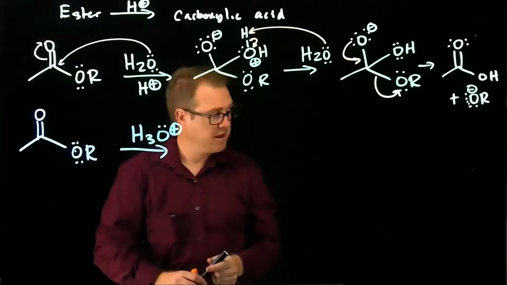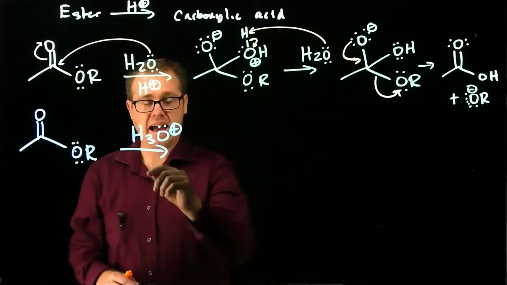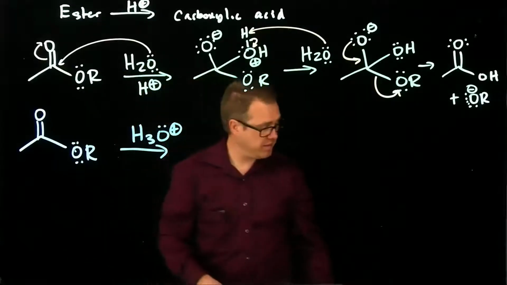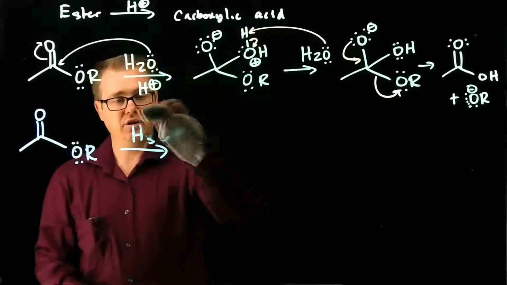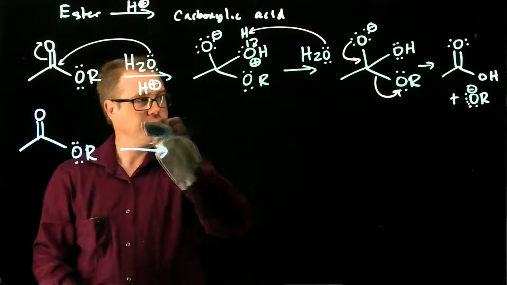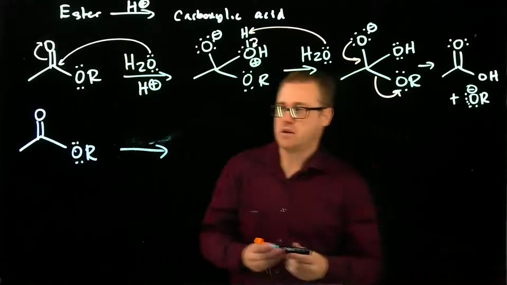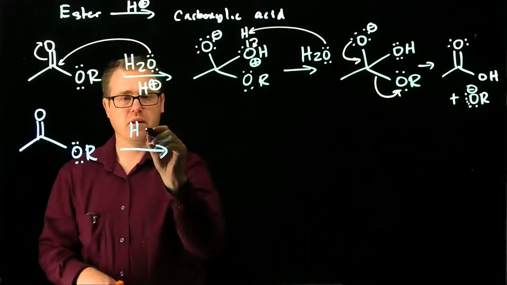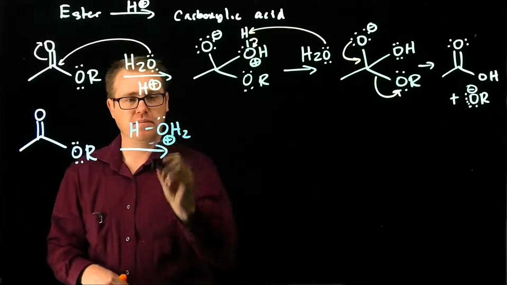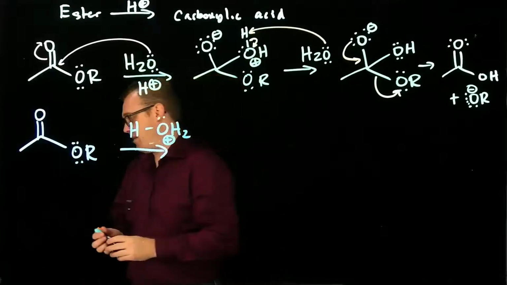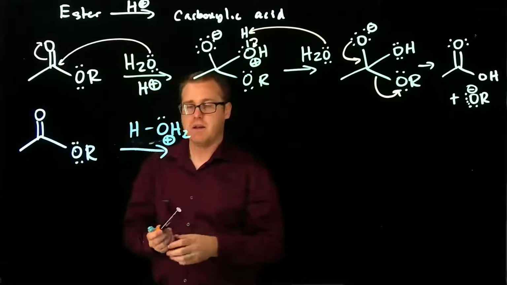We're under acidic. So the first thing that has to happen is going to be a proton transfer step. So if I redraw the hydronium to look like this, just rewriting it to make it look a little different, we're going to have a proton transfer step.